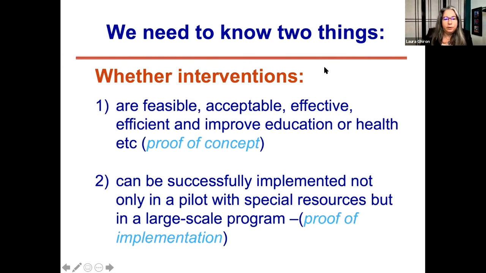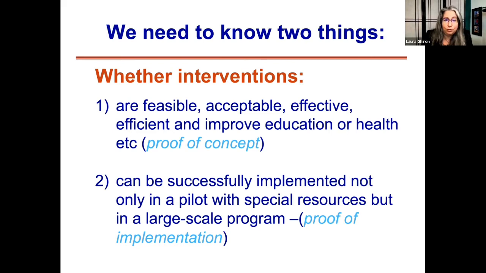And so when we're developing pilot interventions or implementation research projects, ExpandNet wants everybody to keep 2 really important things in mind. We don't just want to know whether interventions are feasible, acceptable, effective, efficient, and improve education, health, or whatever. That's called maybe a proof of concept phase.